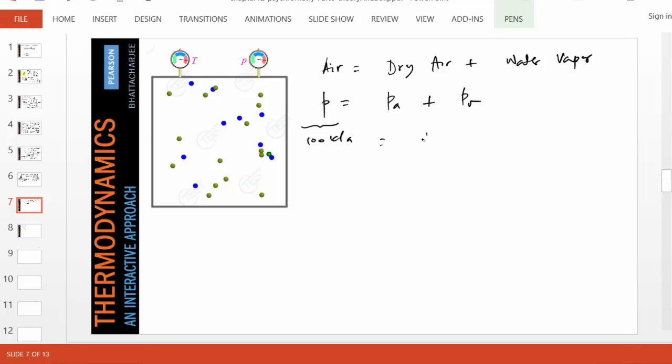And the vapor pressure can be obtained if you know the relative humidity. It is phi times PV max, and PV max is what? You recall, it's also called PG, or P sat at the given temperature. So knowing the relative humidity, we can figure out the vapor pressure.